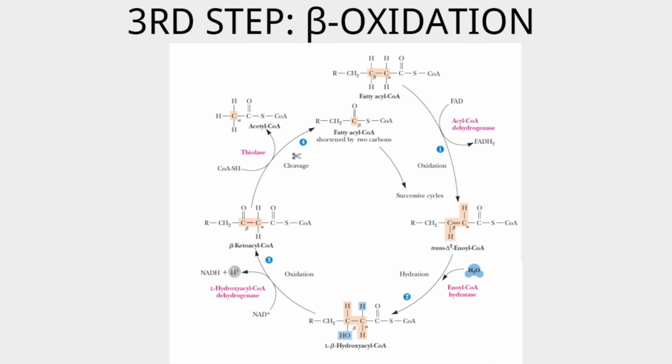So you can imagine one long fatty acid, 16 carbon, already has 8 acetyl CoA that can be produced. You can imagine these 8 acetyl CoA entering the Krebs cycle, and each Krebs cycle still produces ATP, NADH, FADH2. How many ATP is produced from one fatty acid chain? You need to know that one cycle of beta oxidation produces one FADH2 and one NADH.